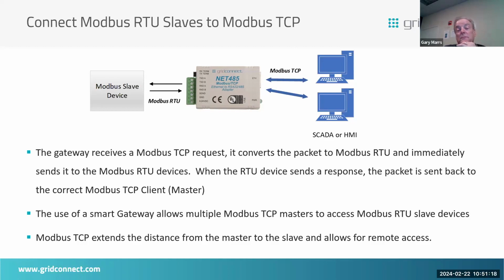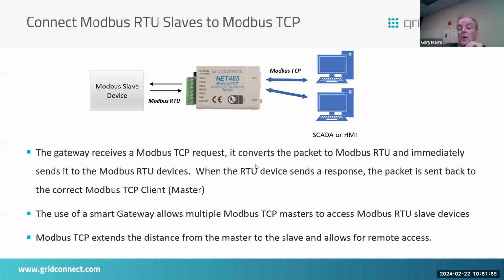So in this case, we can use a Grid Connect gateway to connect to the Modbus RTU slave device and immediately start transmitting, allowing your device to communicate over a Modbus TCP network. Two of the big advantages as a product manufacturer with Modbus TCP is that you can have multiple clients and you're not limited to the distance of an RS-485 link. Now you can be miles away with an Ethernet network.